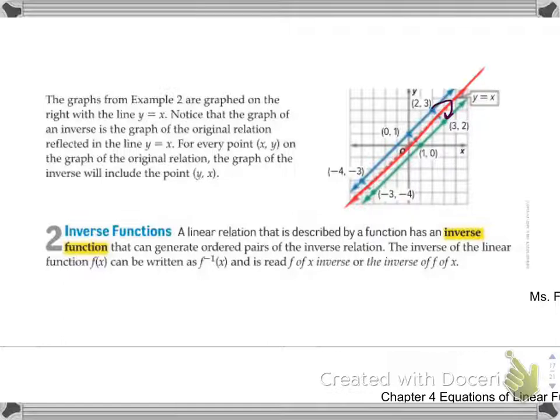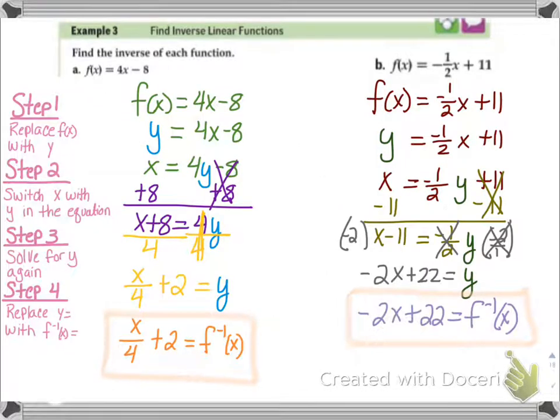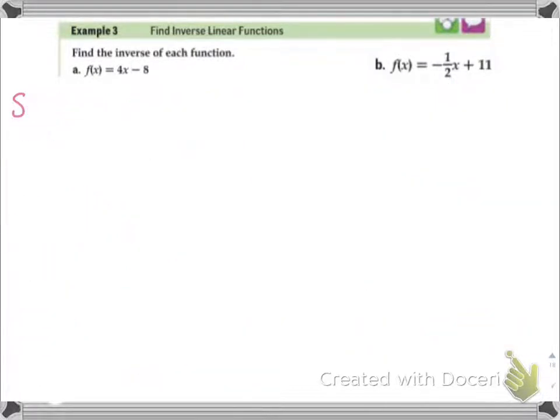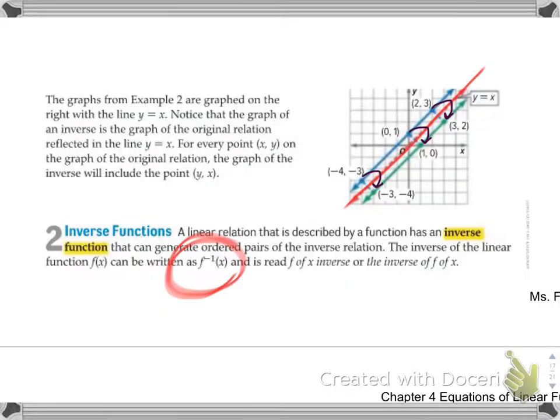So this inverse relation can be written as f to the -1 power, and it is read as f of x inverse, or the inverse of f of x, either way.